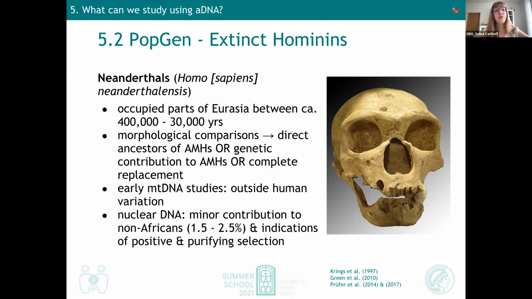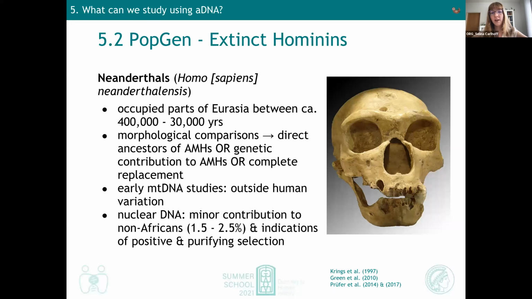And even through early morphological comparisons, they theorized that Neanderthals were either direct ancestors of anatomically modern humans, so us today, that they contributed genetically to anatomically modern humans, or that modern humans completely replaced Neanderthals, and there was no real genetic contact between the two hominins.